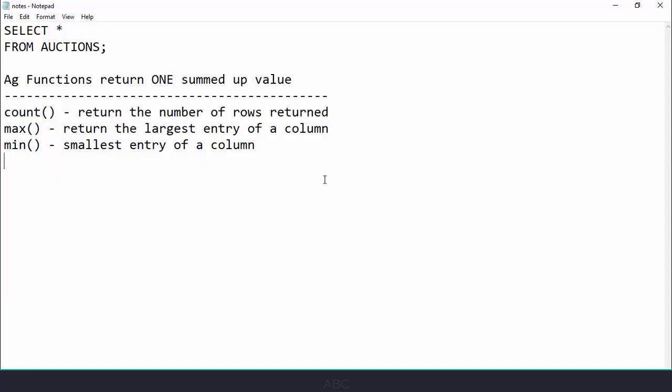And we have average. This is the average entry of a column. The average entry of a column, and that goes without really saying.